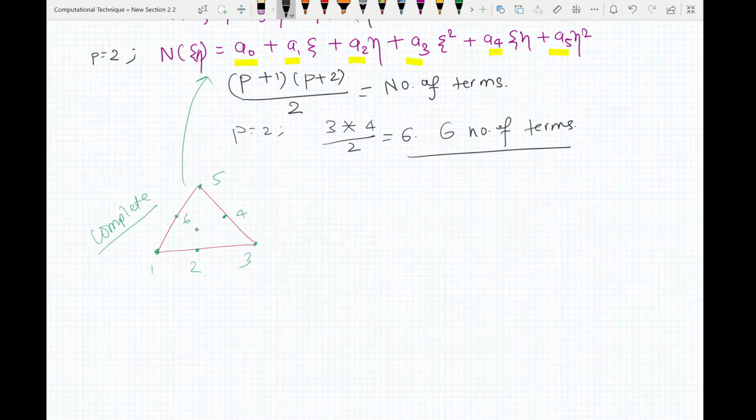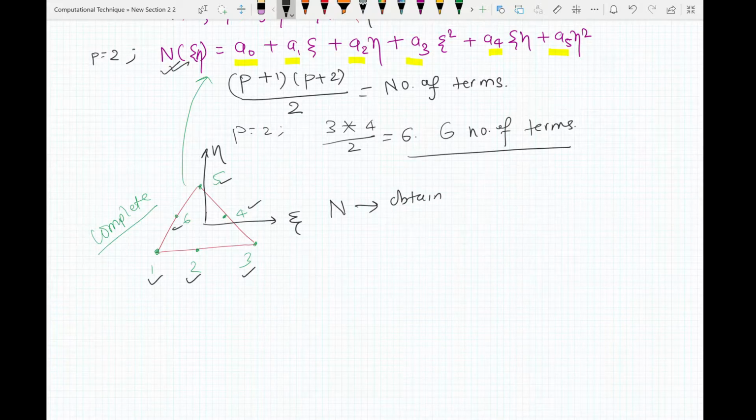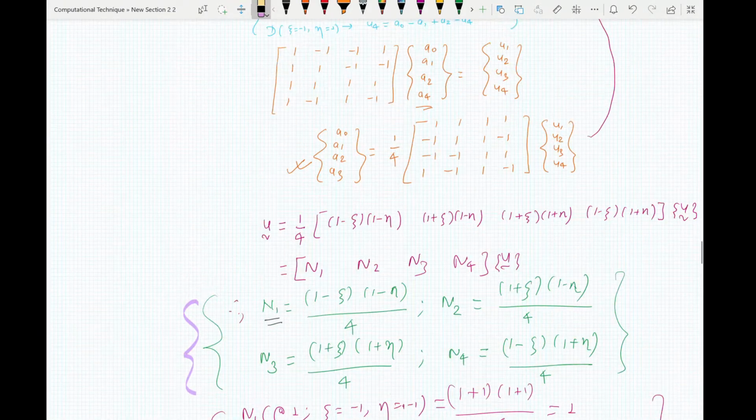You can form a grid with xi and eta, and then you can obtain your coordinates here, and then substitute your natural coordinates into the above equation, which is this one, and then obtain 6 equations and solve them uniquely, like we did for the 4-noded rectangular element, like this one here.